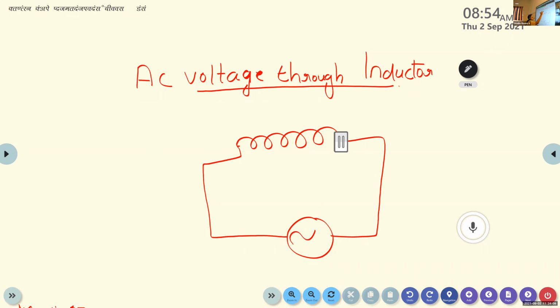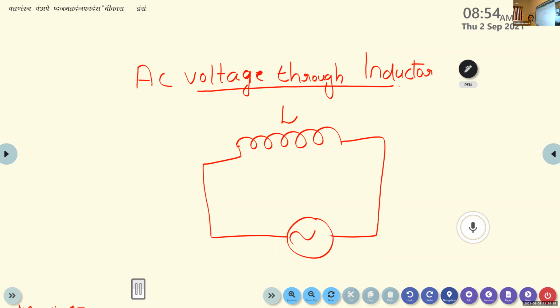The resistance offered by the resistor is represented by capital letter R. Similarly, the resistance offered by the inductor is represented by L.